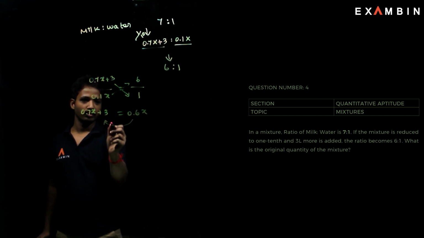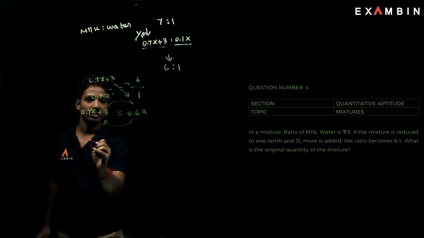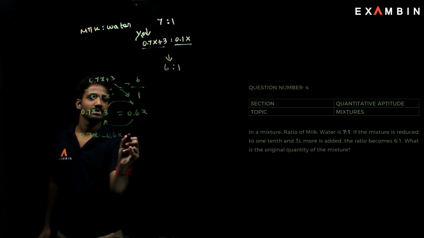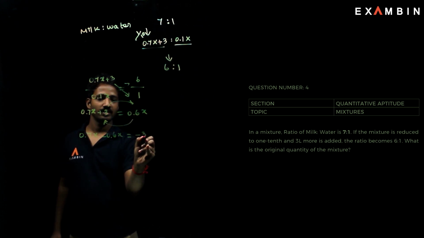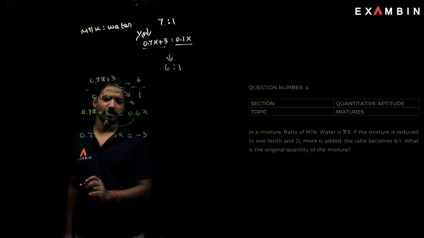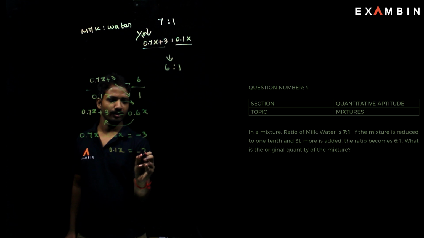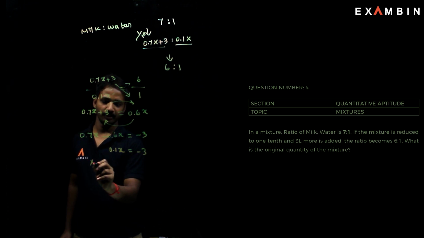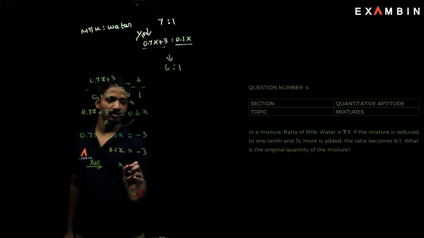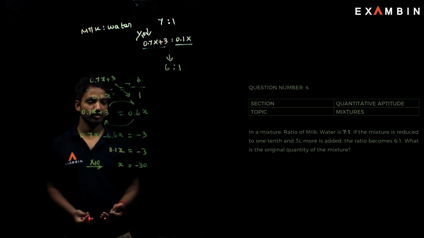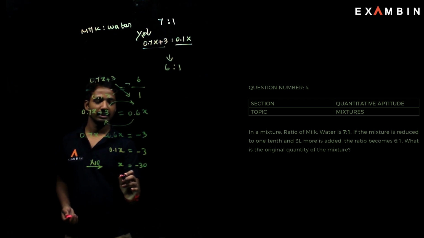So I'm taking this to the left side and this to the right side. 0.7x minus 0.6x is equal to minus 3. 0.7x minus 0.6x is 0.1x is equal to minus 3. So I'm multiplying by 10 the whole equation. It's x is equal to minus 30. So the quantity of milk or water cannot be in negative value. So I'm taking this as x is equal to 30.